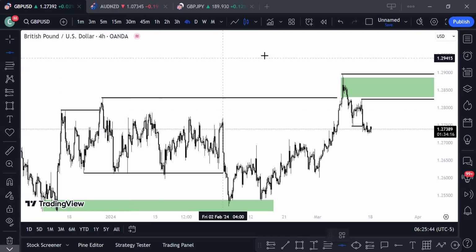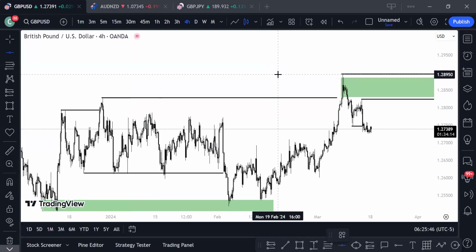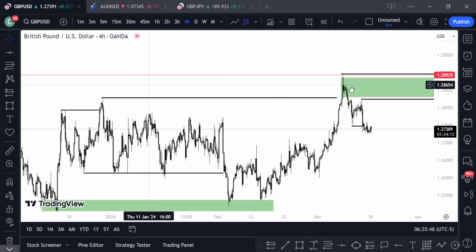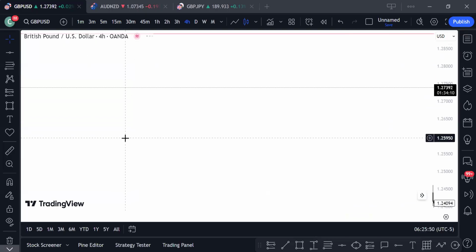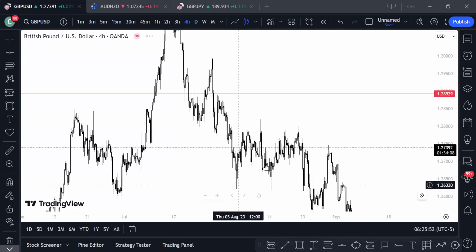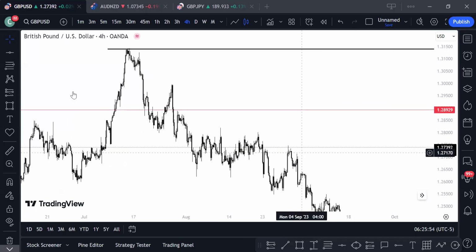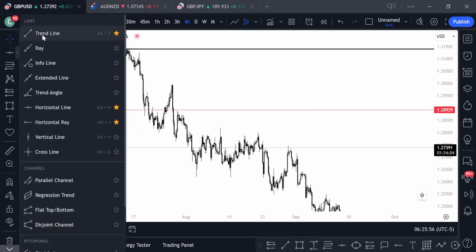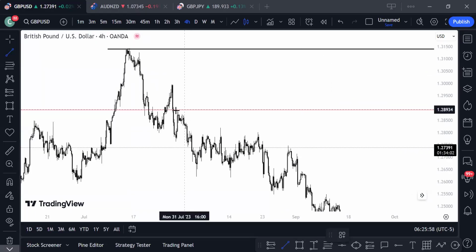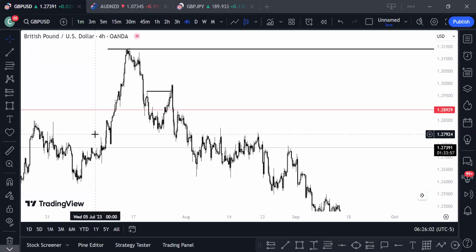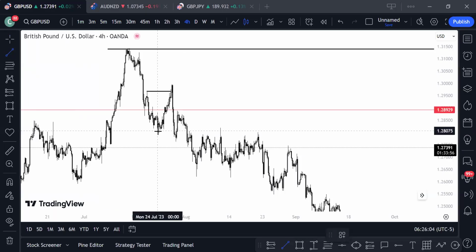But let me first find out where this sell is coming from. We had a sweep of liquidity here, right? We had a break of structure.